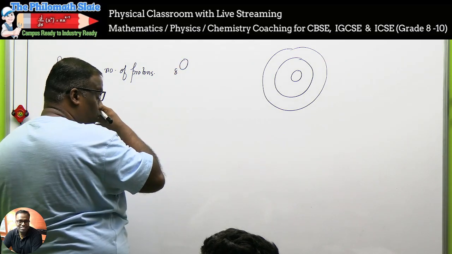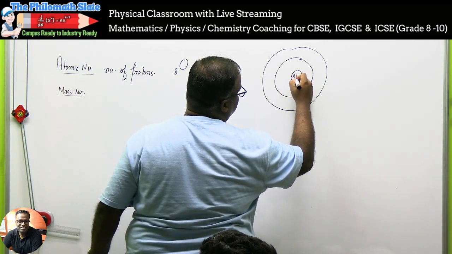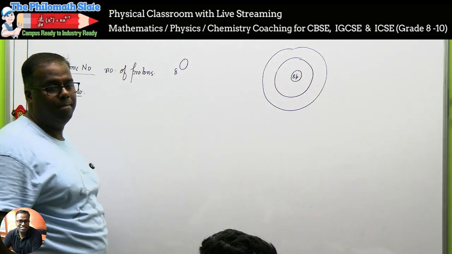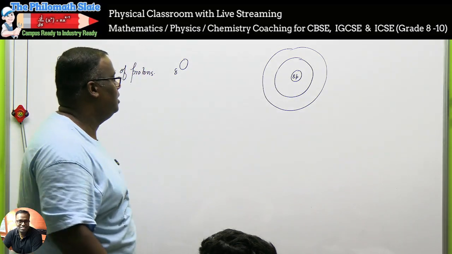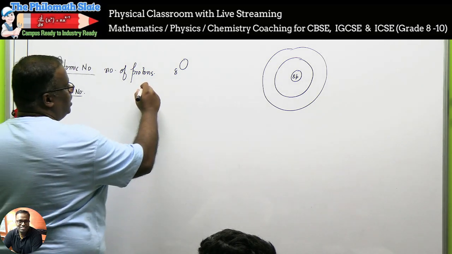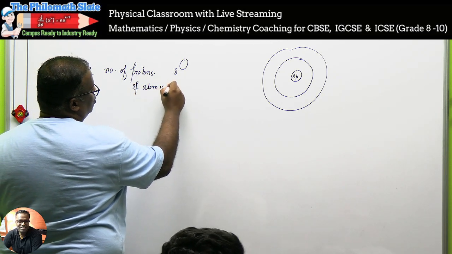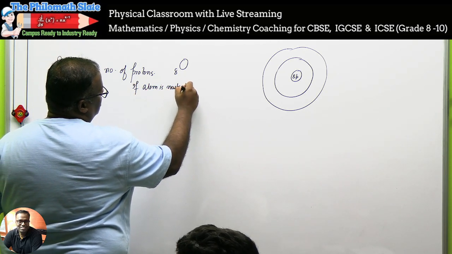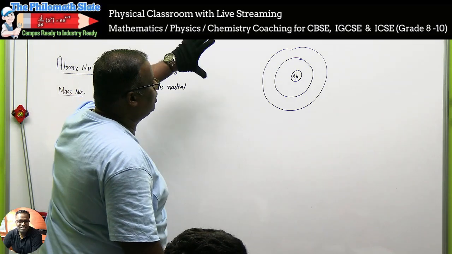We write it as O8. That means how many protons does oxygen have? Oxygen has 8 protons. All the 8 protons reside in the nucleus. And if you are thinking of a neutral oxygen atom, matlab kaisa? When they show themselves on the periodic table, we show all the neutral atoms.